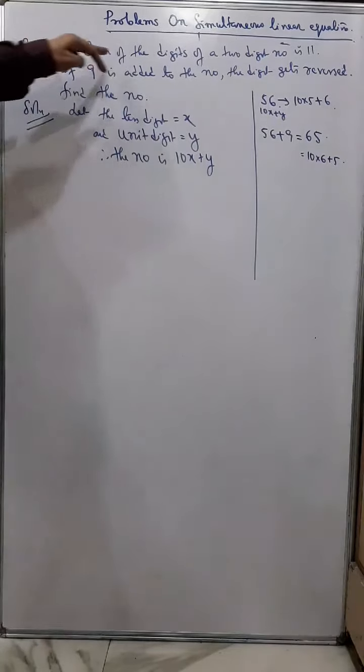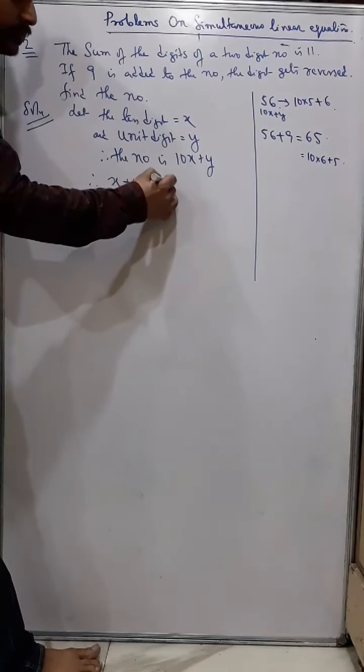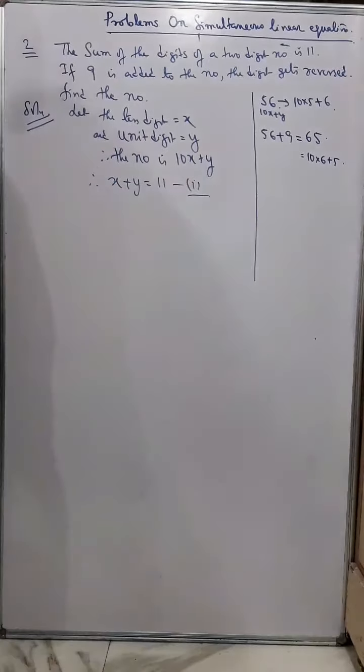Now this statement you have to always write. What they told, the sum of the digits is 11. So first of all I can say that x plus y is equal to 11. So this is my first equation.